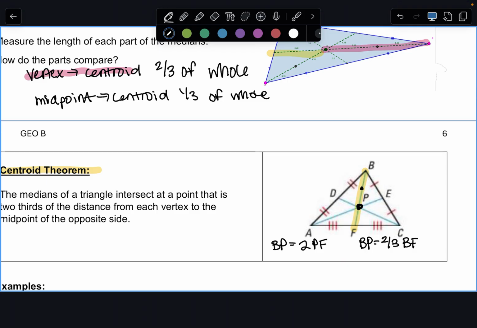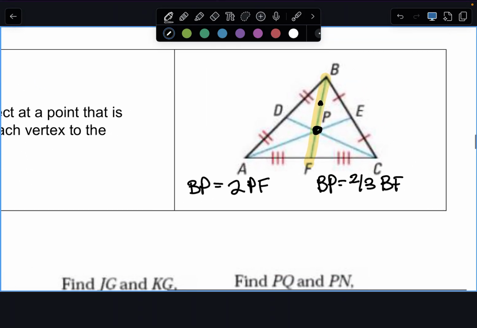And then my whole segment gets split into thirds. Okay? So we have the big one is 2 thirds of the whole. And we also have the small one, PF, is 1 third of the whole. Okay? That's what this theorem tells us. And that's true for all of our medians, not just the yellow one, but all 3 of them. Okay?